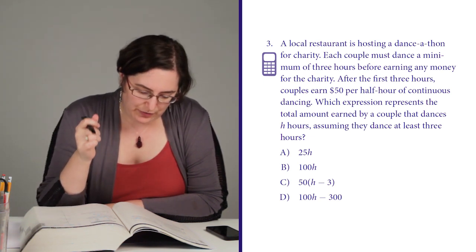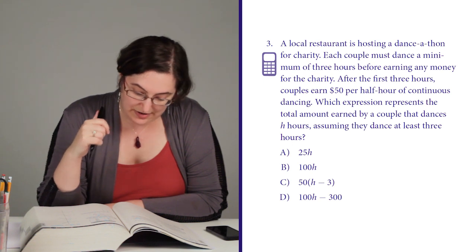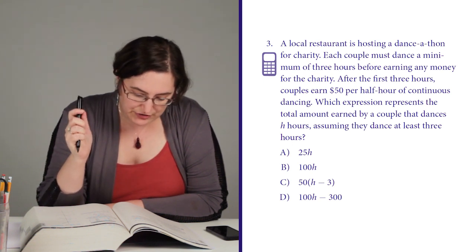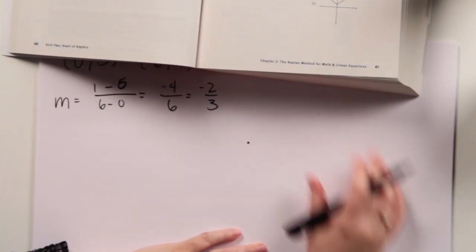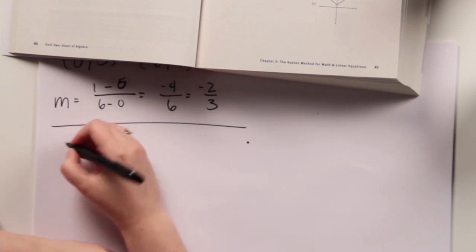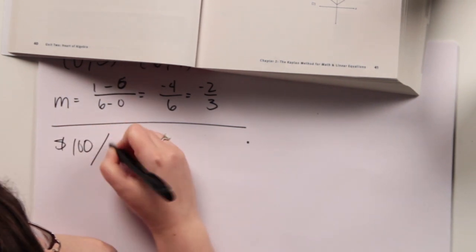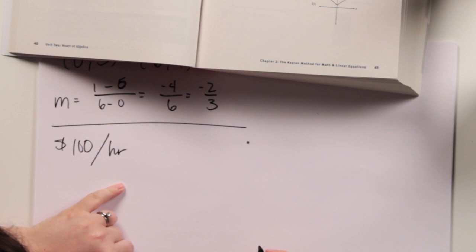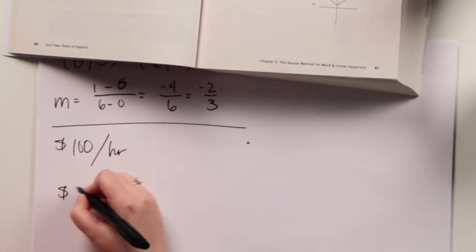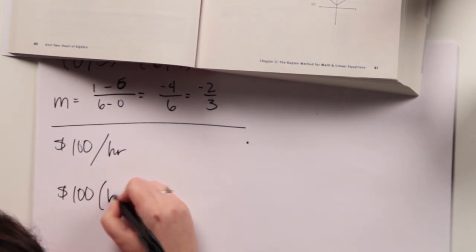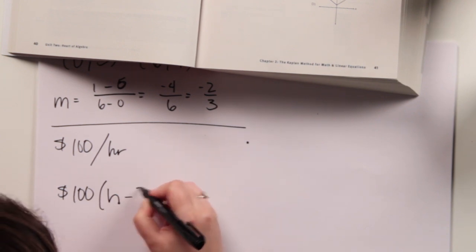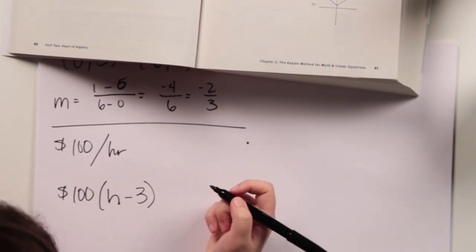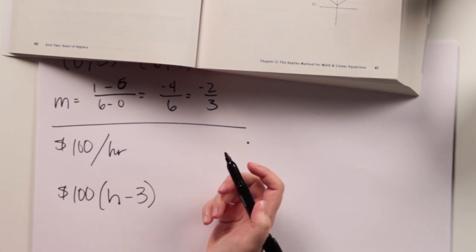Which expression represents the total amount earned by a couple that dances H hours, assuming they dance at least 3 hours? So they earn $100 per hour. And if they dance H hours, it's $100 times H, except that they don't earn anything for the first 3 hours, which means we need to take away those 3 hours in order to find our correct amount.